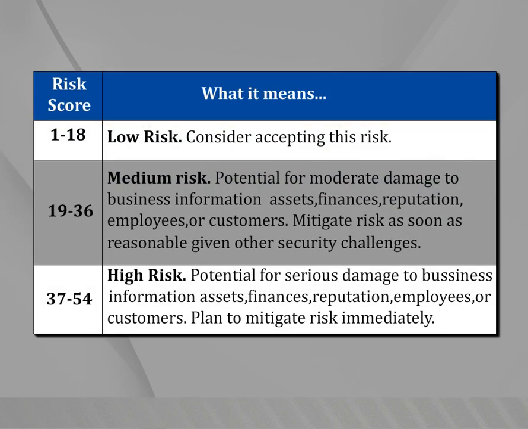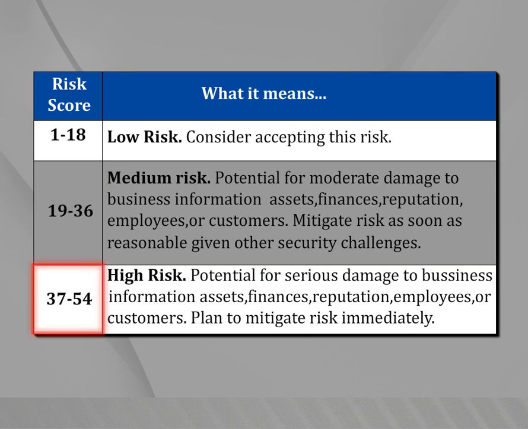What it means: risk score 1 to 18, low risk, consider accepting this risk. Risk score 19 to 36, medium risk, potential for moderate damage to business information assets, finances, reputation, employees or customers. Mitigate risk as soon as reasonable given other security challenges.